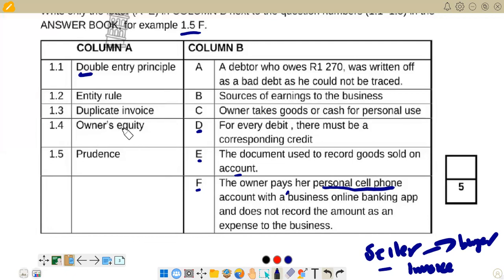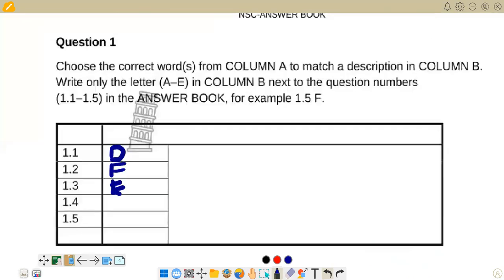So on the descriptions we have, B gives the most appropriate explanation, sources of earnings to the business. So 1.4 is B, and we can put our B there.